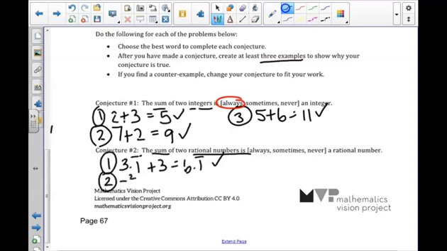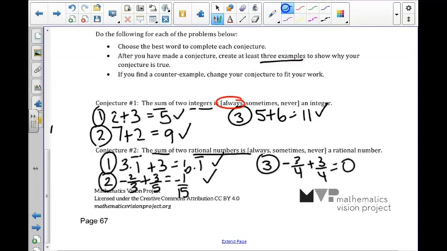If we take as a fraction negative 2/3 plus 3/5, that equals negative 1/15, which also is a rational number. And negative 3/4 plus 3/4 equals 0. And 0 is a rational number.